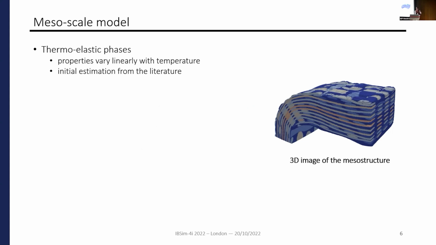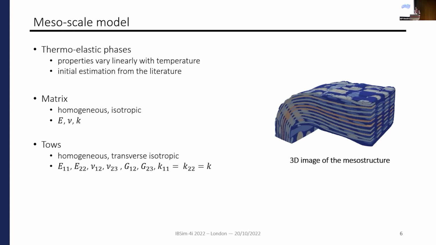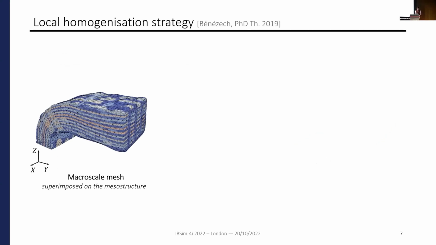And we use for those properties initial estimates from the literature. The matrix, which is in dark blue in the image, we suppose is homogeneous isotropic. For the tows, we consider them transverse isotropic. And then for the void, we consider a material with a very low Young's modulus. Just for numerical reasons, it's easier to do.